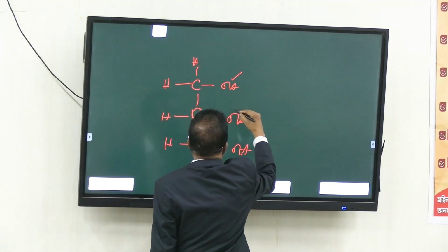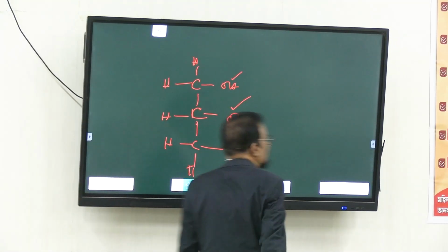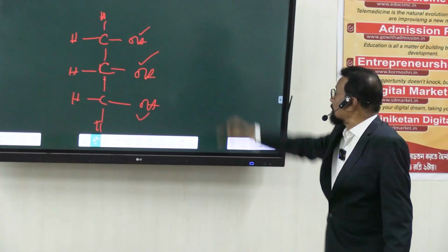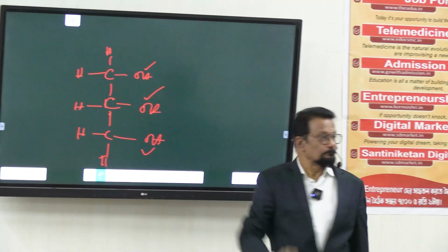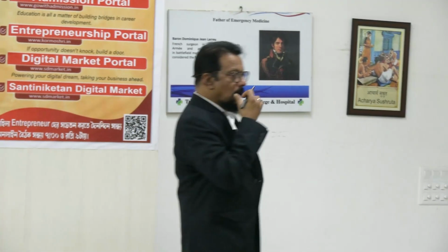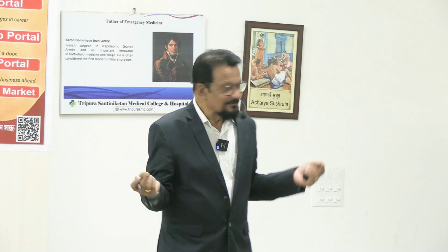This is one alcoholic group, this is another alcoholic group, this is another alcoholic group. When an alcohol reacts with an acid, what is formed? Ester. Acid and alcohol, when bound together, form an ester.